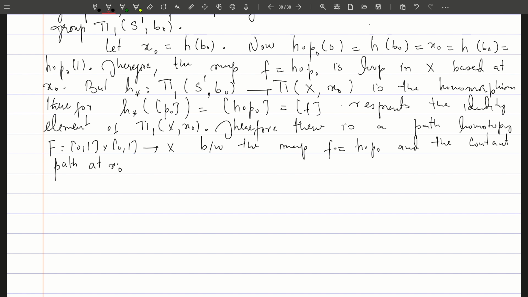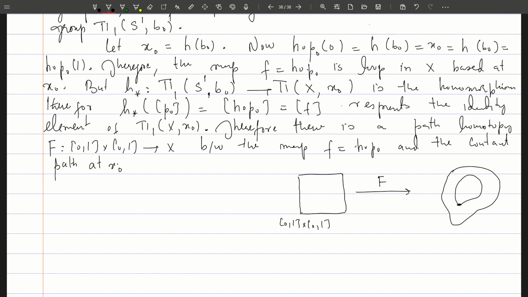So this is the map F, and this is the loop f based at x naught.